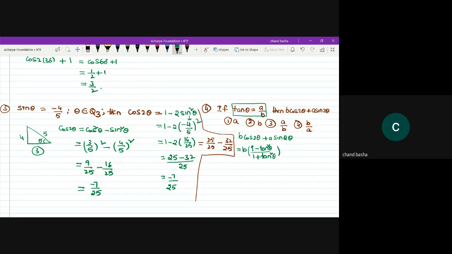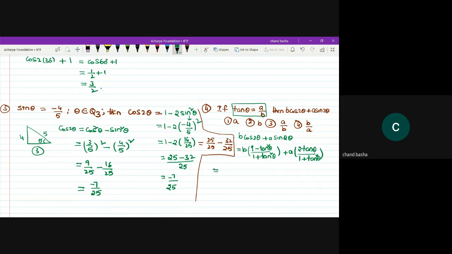Clear? Plus A into sin 2 theta, which is 2 tan theta divided by 1 plus tan square theta. Both the functions sin and cos, we have written in terms of tan only.